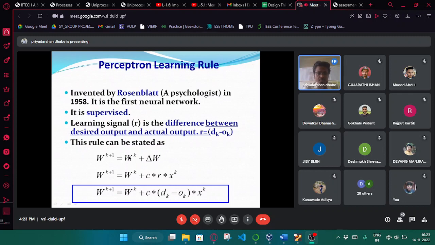So this k and k plus 1 should not be regarded as powers of W. They represent instances. This is the weight vector at the k plus 1 instance, and this is the weight vector at the k instance.